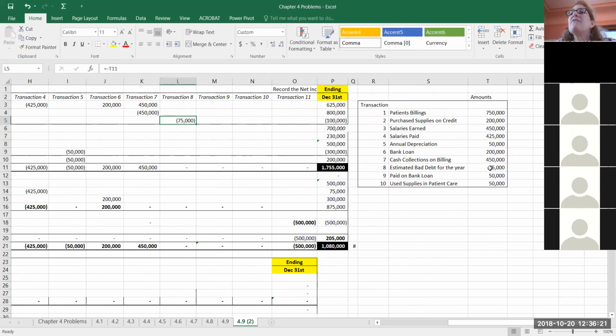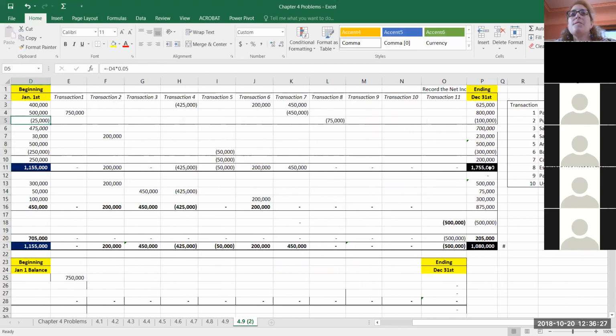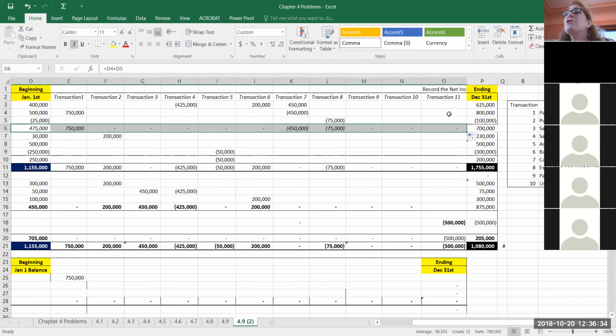Now, anybody have an idea of what the other side of that entry would be? So think of it this way. We originally thought we were going to have $750,000 in sales. We recorded that on our P&L, right?